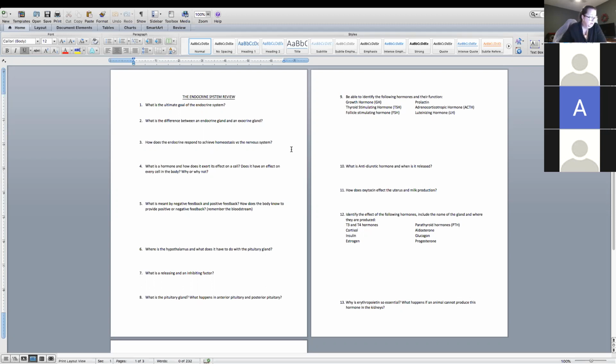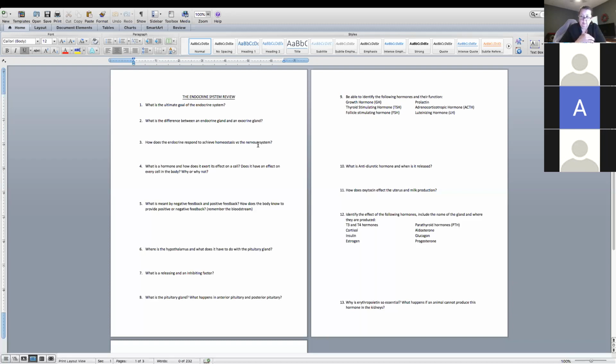How does the endocrine system respond to achieve homeostasis versus the nervous system? Now, just remember, the endocrine system is slower to react, but its effects last longer. The nervous system reacts very quickly because the nervous system sends a message via a neurotransmitter, which is a chemical, and it's sent down the nerve.